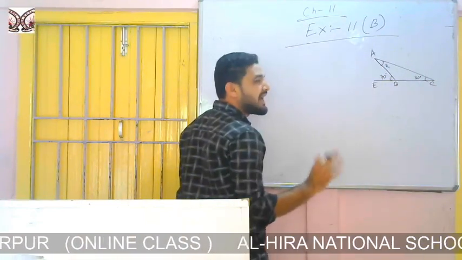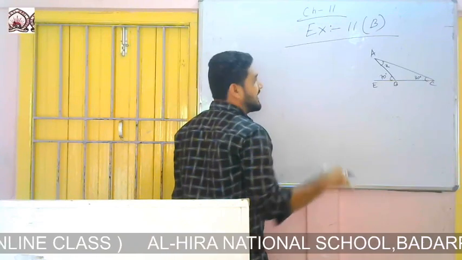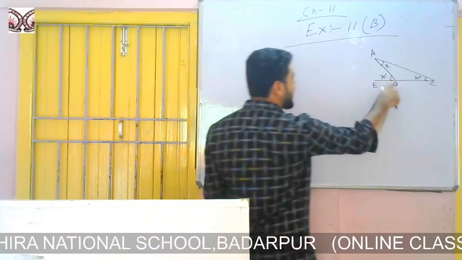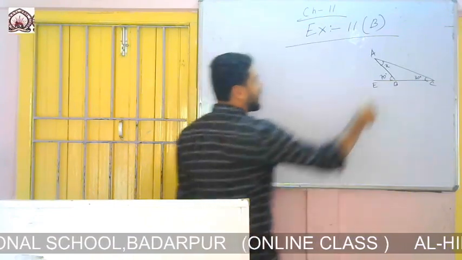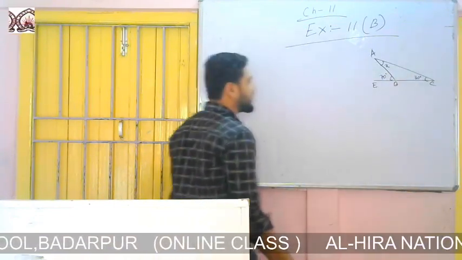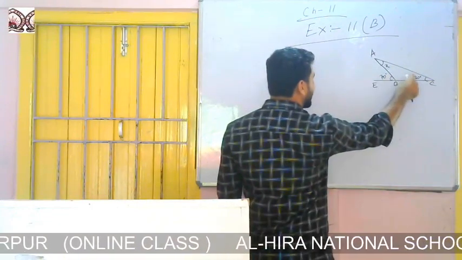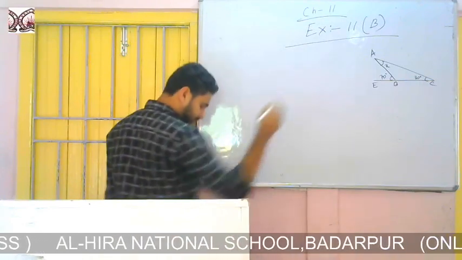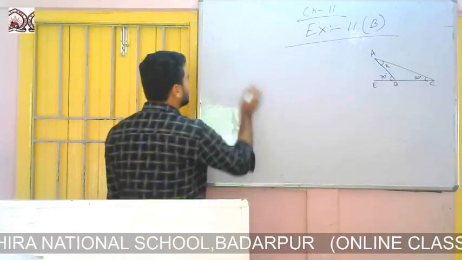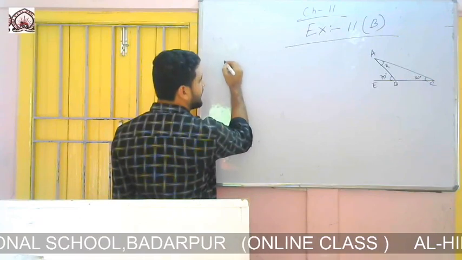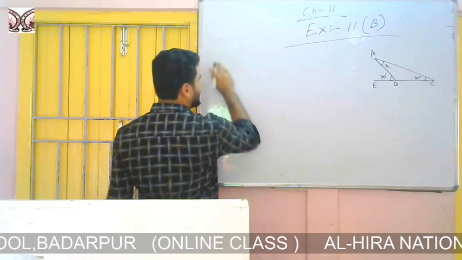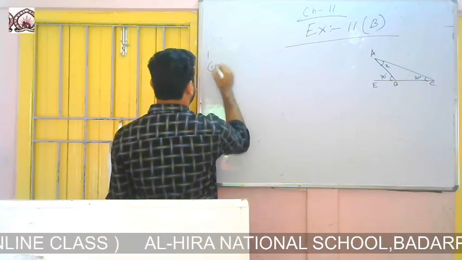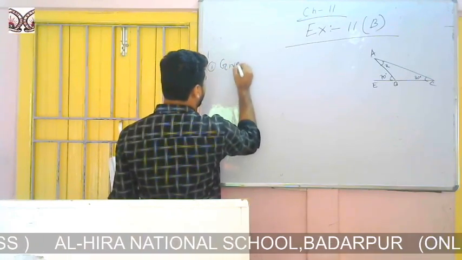ABE is the exterior angle, and we know that the exterior angle equals the sum of the two interior opposite angles. So these are the two interior opposite angles. So I can write that x plus 30 degrees equals 70 degrees. So for question number 1, Roman 1, first you write what is given.